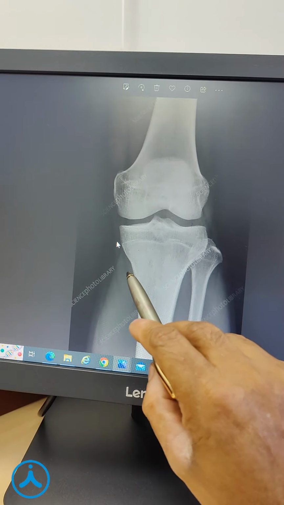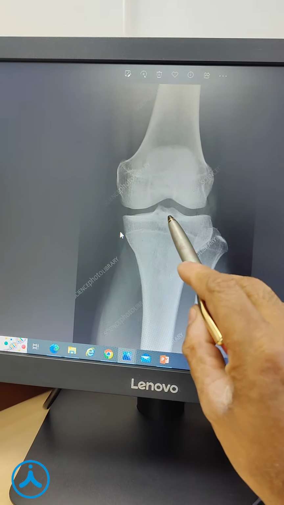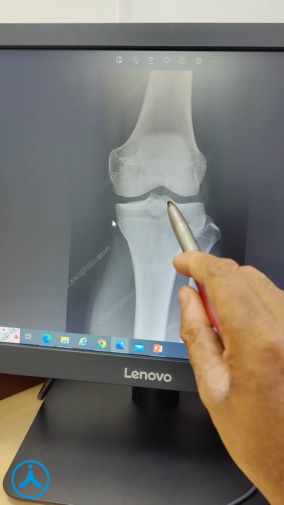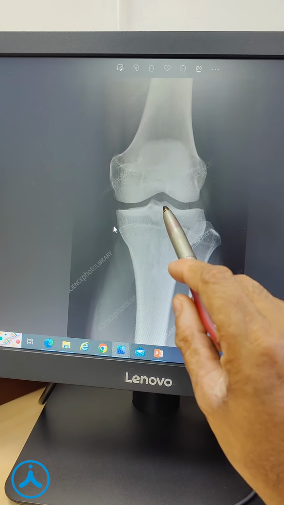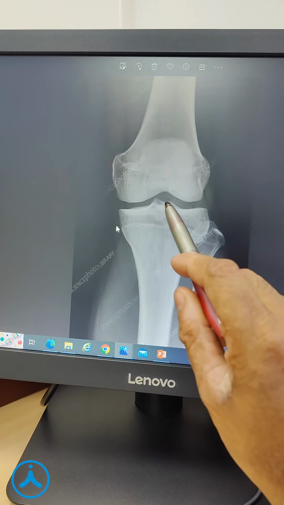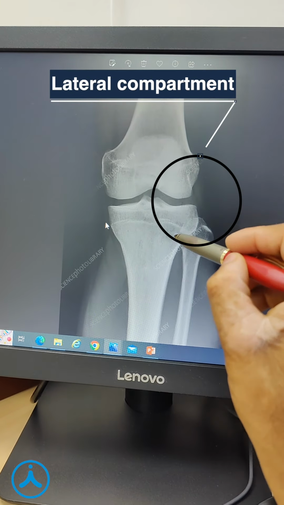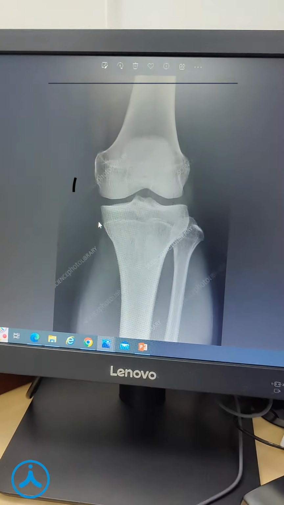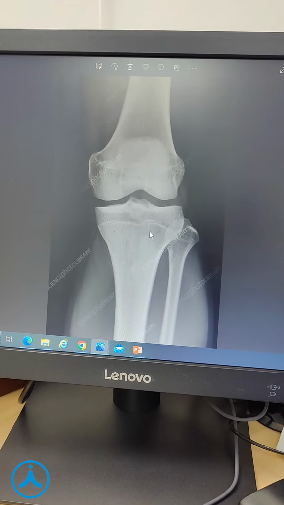Now, if you talk about the tibia, this is the medial condyle here, and this is the lateral condyle of the tibia. As you can see here, this spike is the medial tibial spine, and this is the lateral tibial spine. So now you can see this is the lateral compartment of the knee, and this is the medial compartment of the knee. This is the normal anatomy of the knee in AP X-ray.